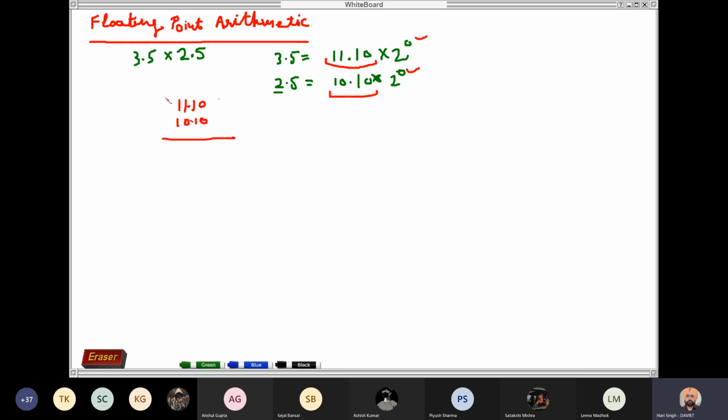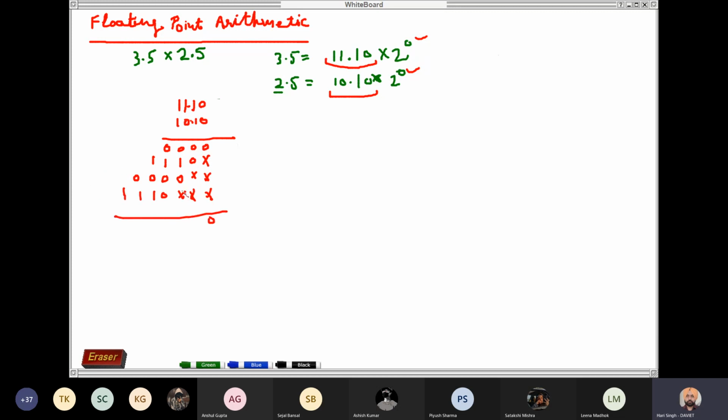Now multiply the numbers: the first row is 0, 0, 0, 0, then 0, 1, 1, then consider the next bit, which is 0, 0, 0, then consider the last bit, that will be 0, 1, 1, 1.